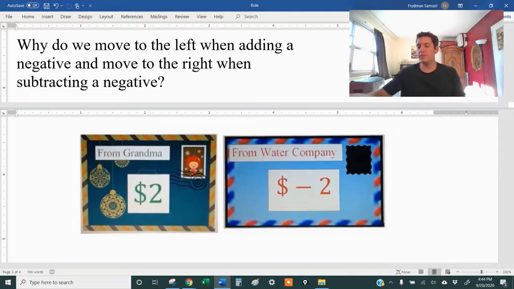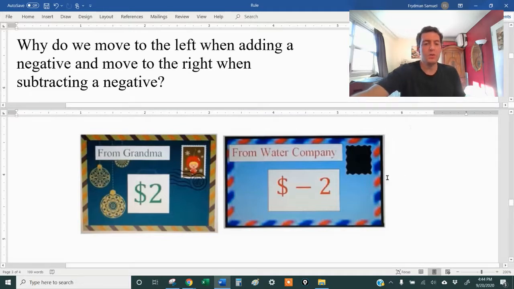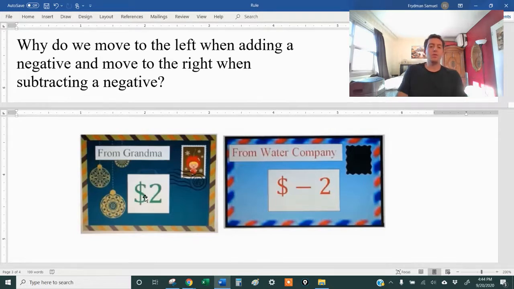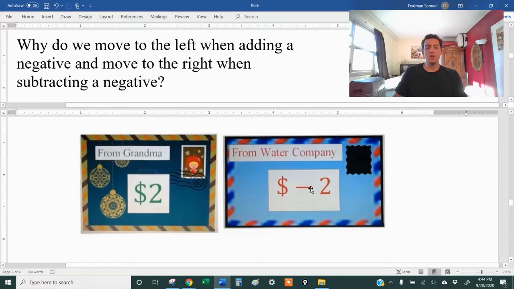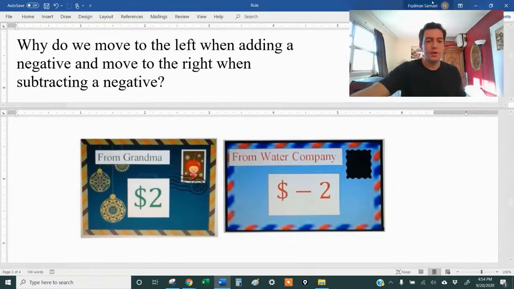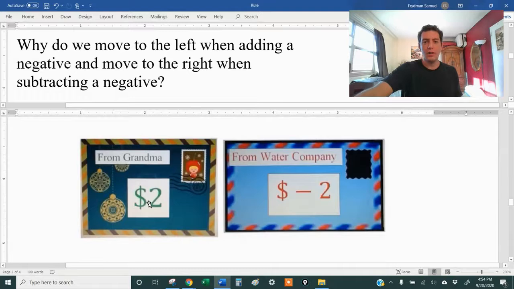So I'll give you an example right now. We can use positive numbers to represent money that we have, and we could use negative numbers to describe money that we owe. So this letter, which has $2 from your grandmother, could be represented with a positive 2.